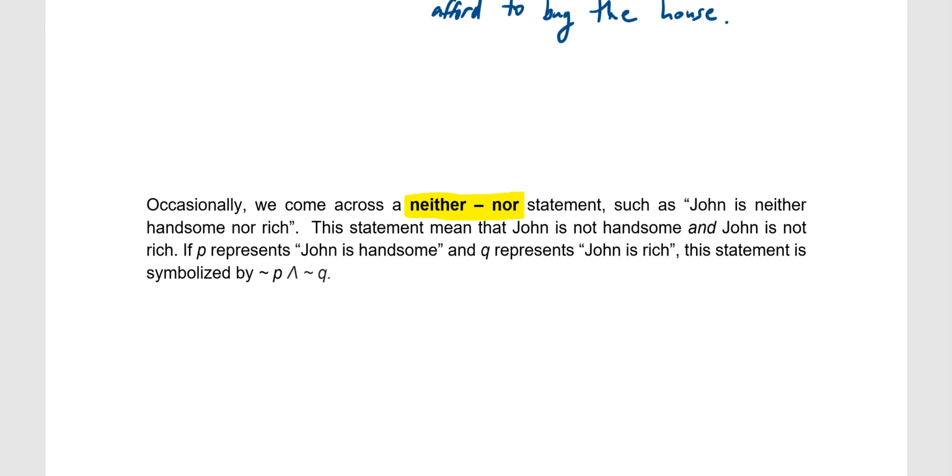If statement P is John is handsome and statement Q is John is rich, then we can write it as the negation of P, the conjunction symbol, and the negation of Q. If you see that one, instead of reading it as John is not handsome and John is not rich, you can read it as John is neither handsome nor rich.